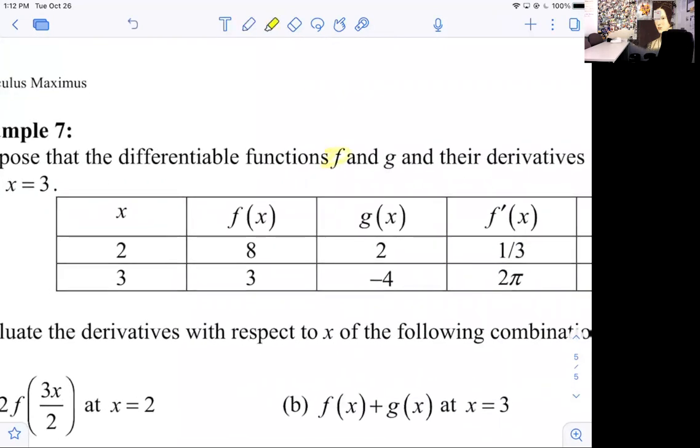Again, what that means is not only are f and g differentiable everywhere, but they're also continuous everywhere. So if we need it, we have the IVT on our side. And I think that's the only one we've learned so far.